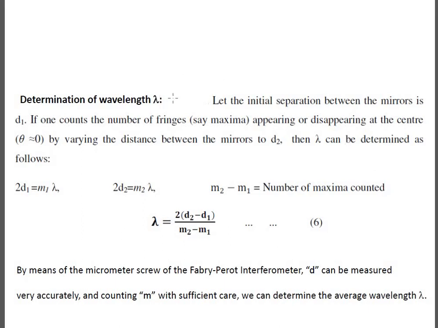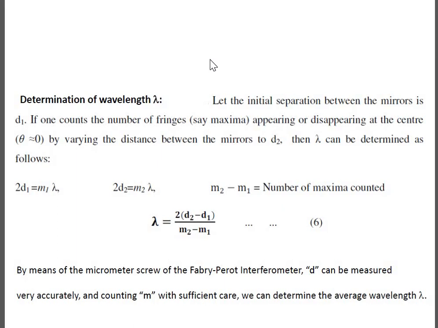Remember, suppose the initial separation between the mirrors is D1, and one counts the number of fringe maxima appearing or disappearing at the center. You don't have to count anywhere else, only at the center, which means theta is approximately 0.